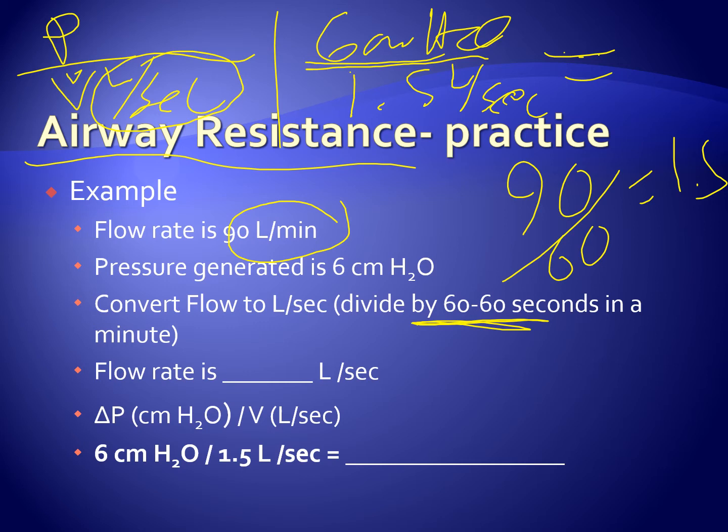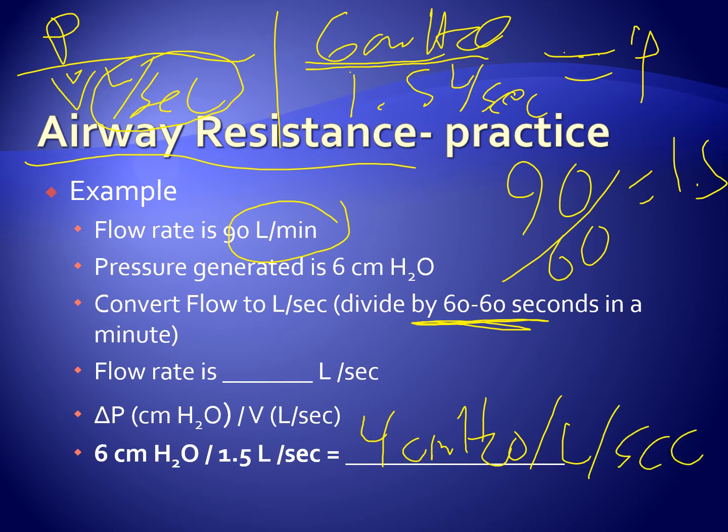If by hand would be awesome. Hopefully you got 4, right? So what's your unit down here? My airway resistance is 4 centimeters of water pressure per liter per second.